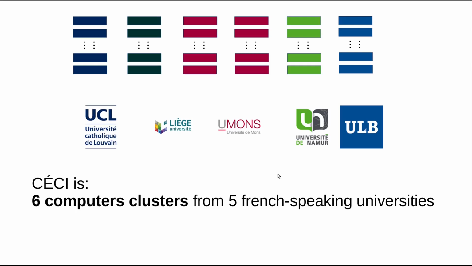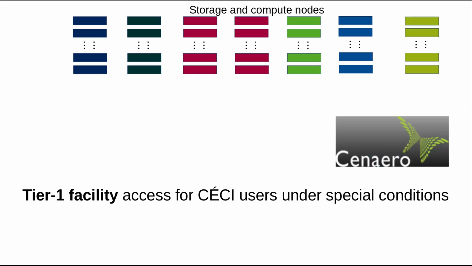I will now show you how and in what context SSH is used at SESI. The infrastructure at SESI has 6 computing clusters of the Tier 2 type at present. The users of SESI can, under certain conditions, have access to the Tier 1 cluster located at Cenaero.